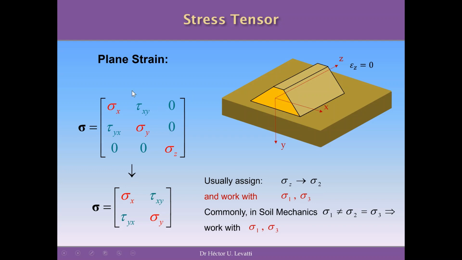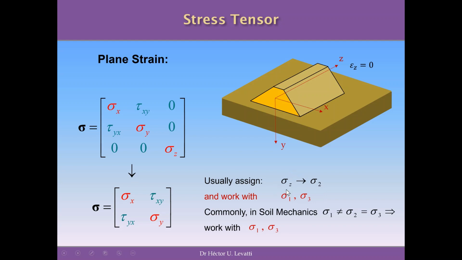And as a consequence, your stress tensor can be reduced. Instead of working with the whole 3 dimensions as in here, you can work with a two-dimensional tensor, a tensor of second order, and you reduce the number of variables of your stress state, and it's going to be simpler to work with the algebraic equations of this problem.